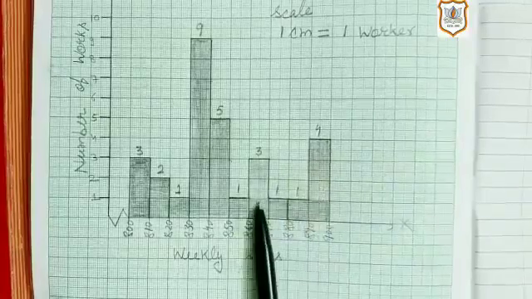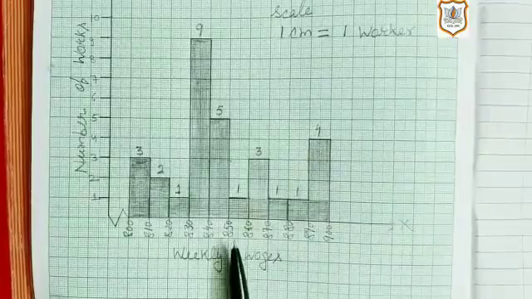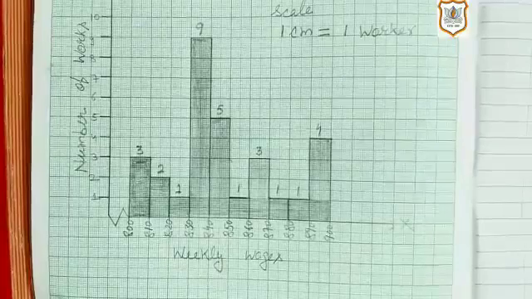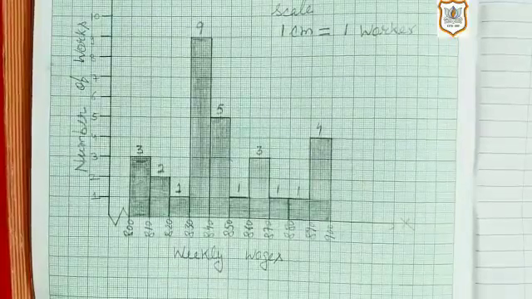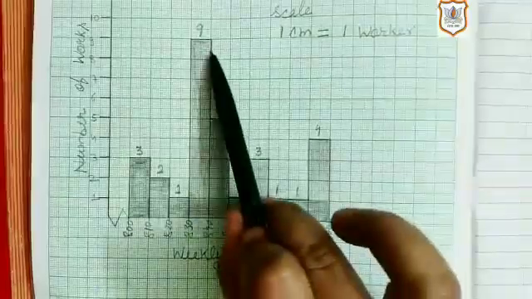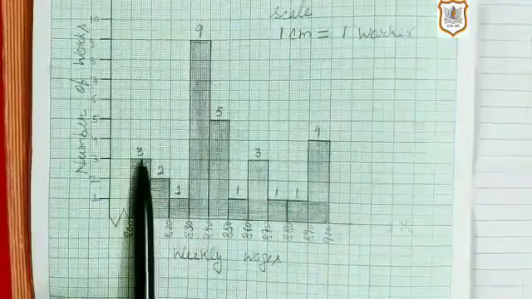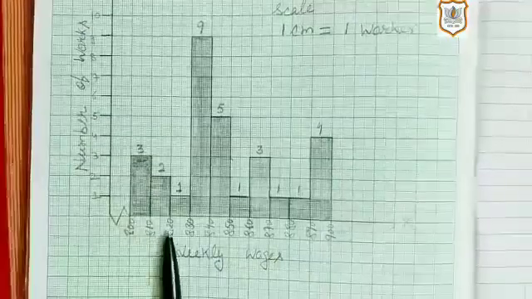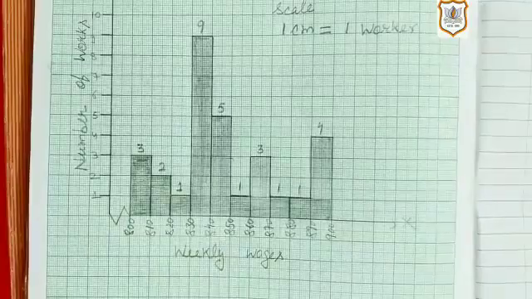So 10 workers earn 850 rupees or more. Next question: how many workers earn less than rupees 850? 5 plus 9 plus 1 plus 2 plus 3 becomes 20. So 20 workers earn less than 850 rupees.